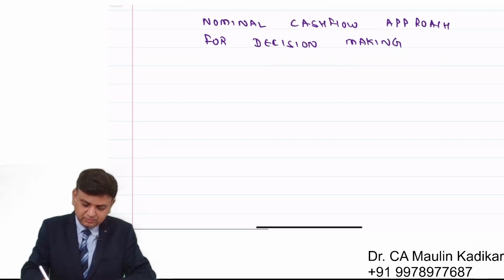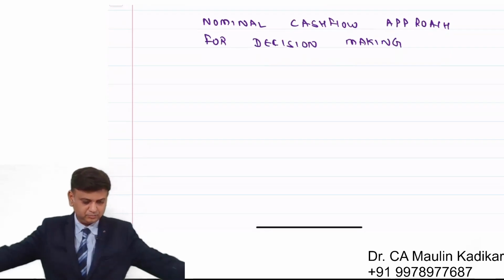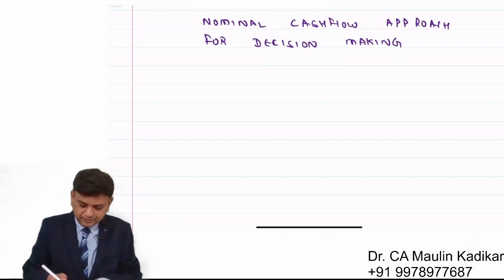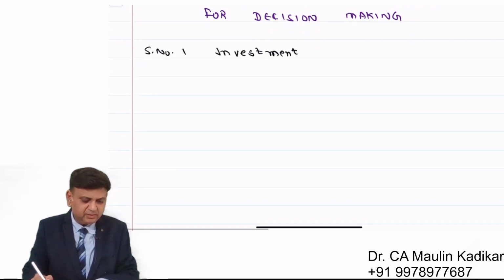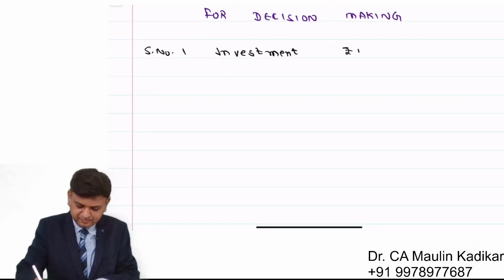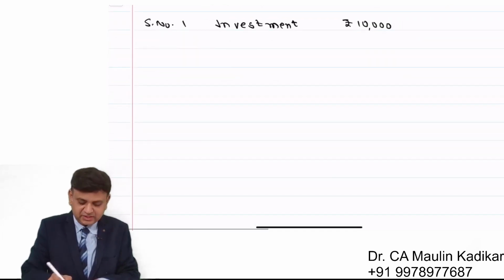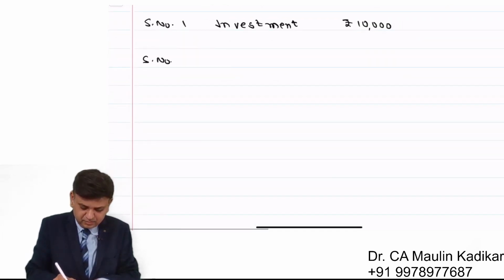In that, write down step number one, investment. Friends, the amount of investment is 10,000 rupees. Step number two, depreciation.